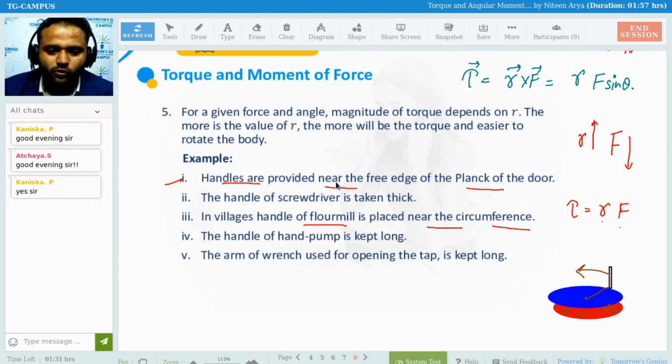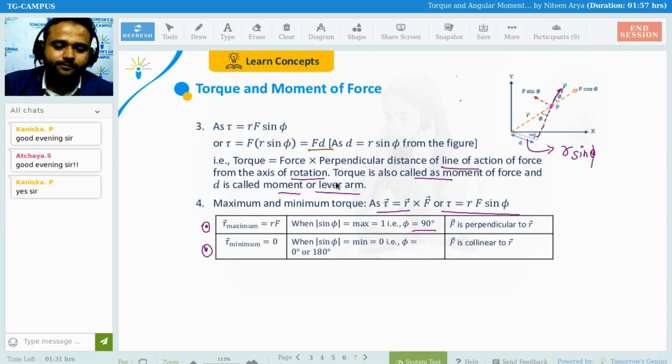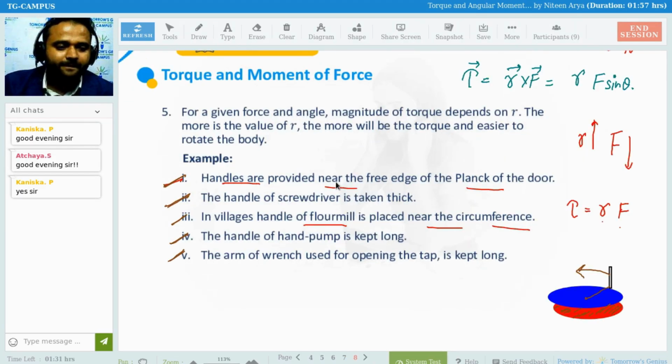The arm of a wrench used for opening a tap is also kept long. In all of these cases we gave the example of making R greater to make torque greater, so you need to apply a lower amount of force. As simple as that. Clear everyone? Good.